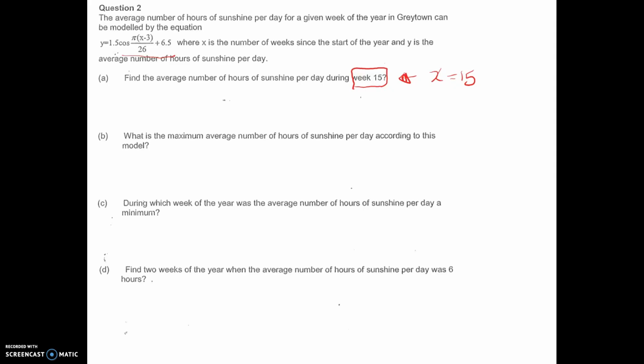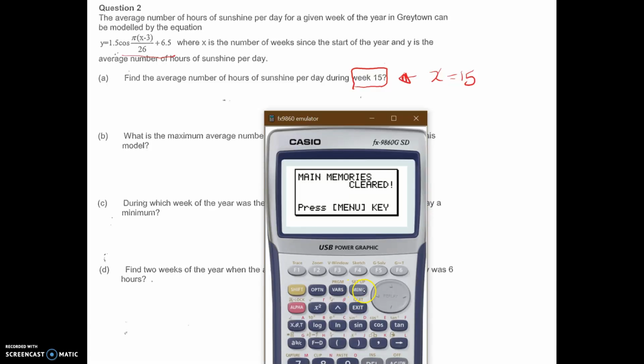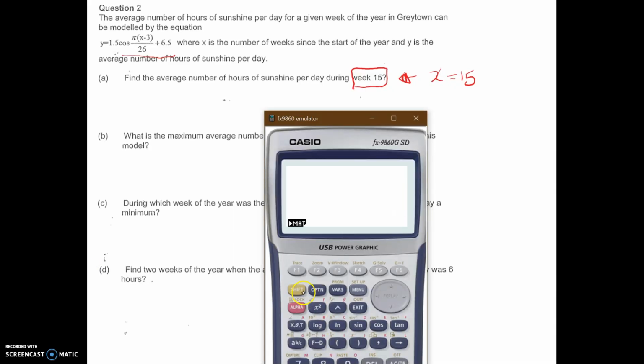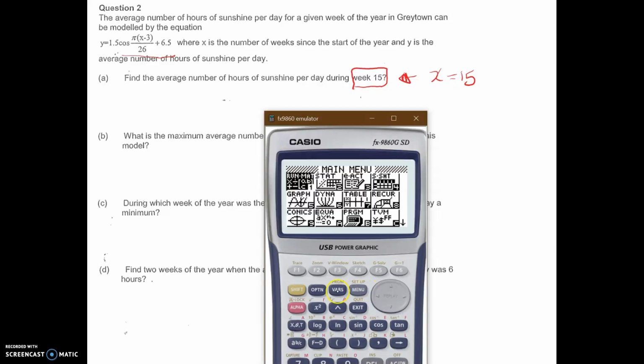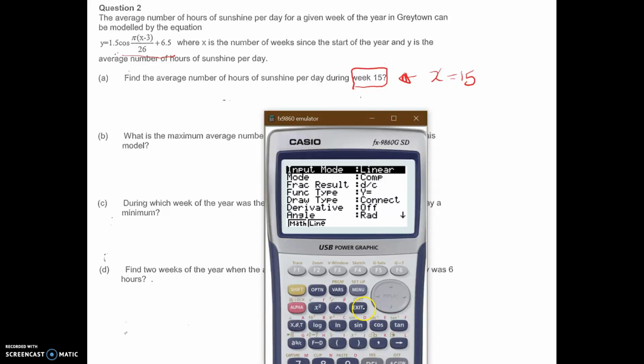So I'm going to show you how to do that into your calculator. Because you have pi in your function, you know that this is going to be in radian mode. So check that your calculator is in radian mode first, and it is.